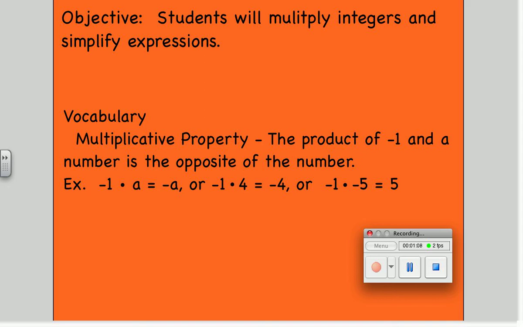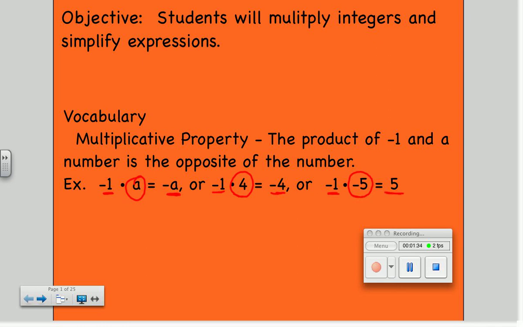So they're showing, this is what they're showing you. So I'm going to highlight it for you though. So this A, when I multiply by -1, I get the opposite of A, which is -A. This 4, when I multiply by -1, I get the opposite of 4, which is -4. This -5, when I multiply by -1, I get the opposite of -5, which is positive 5.